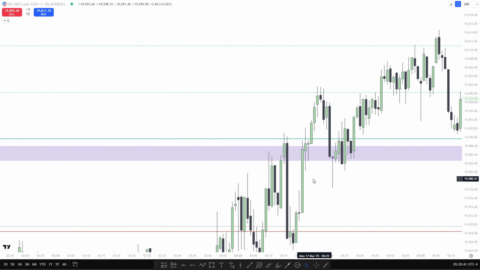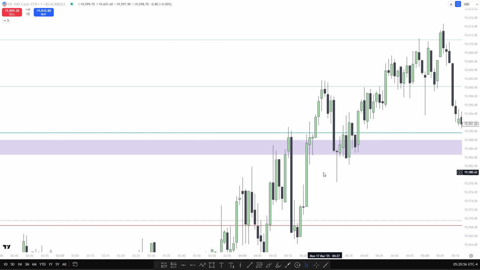There is one thing that ICT taught yesterday, how to trade his inversion fair value gaps conservatively. So let me quickly share with you. You wait for price to displace out of them first, then it should go back to the fair value gap, fail to close below the gap, and then displace again out of the gap.